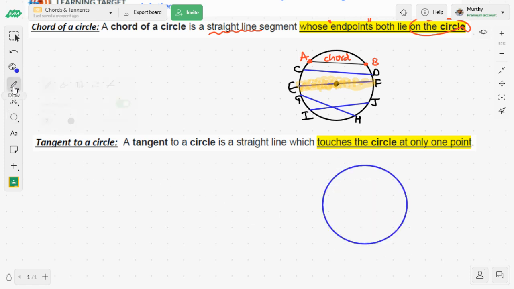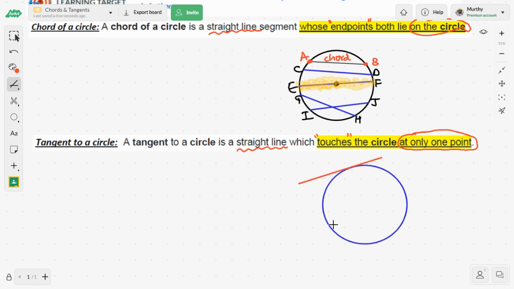Next, let me read the definition. By definition, a tangent to a circle is a straight line which touches the circle at only one point. So let me try a tangent. Please see that this is not a tangent, because by definition it has to touch the circle at one point.